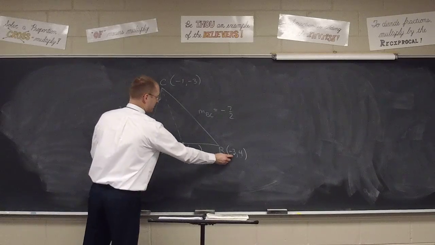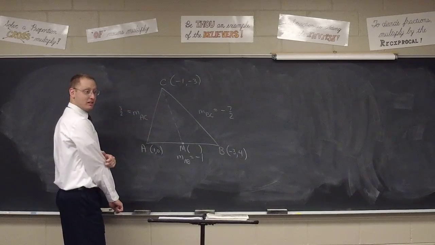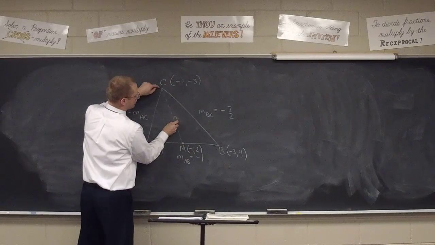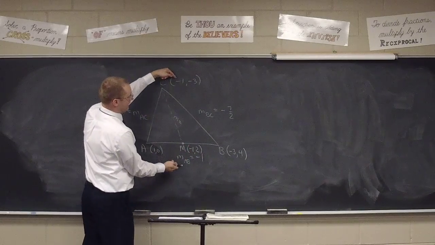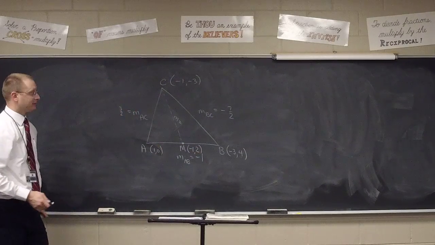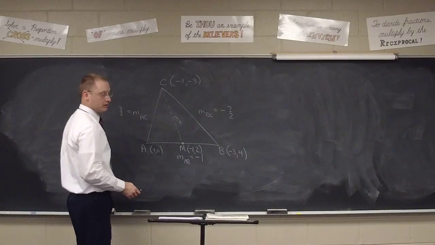Remember, now you're adding and dividing by 2. Add and divide by 2. -1, 2. So now we want to find the slope of this median that goes from -1, -3 to -1, 2. Call it when you've got it.